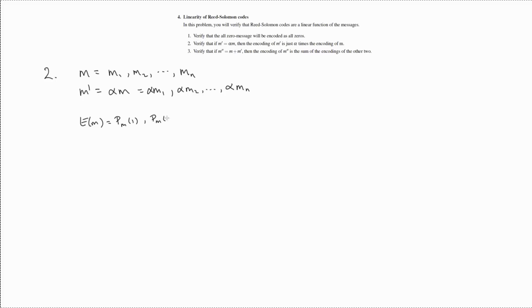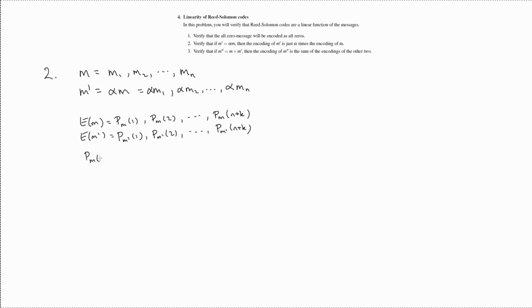So the encoding of the message m is going to be p sub m of 1, p sub m of 2, all the way up to p sub m of n plus k. The encoding of m prime is equal to p sub m prime of 1, p sub m prime of 2, all the way up to p sub m prime of n plus k.